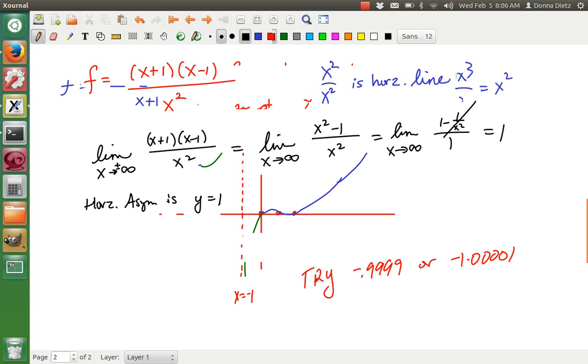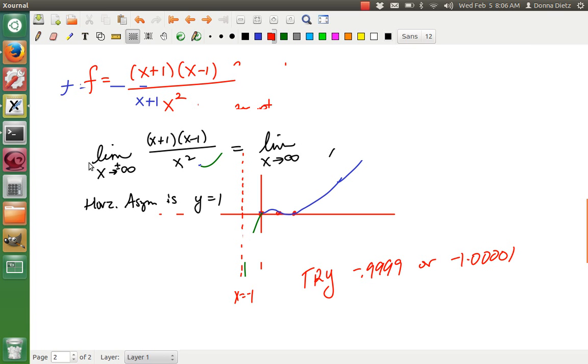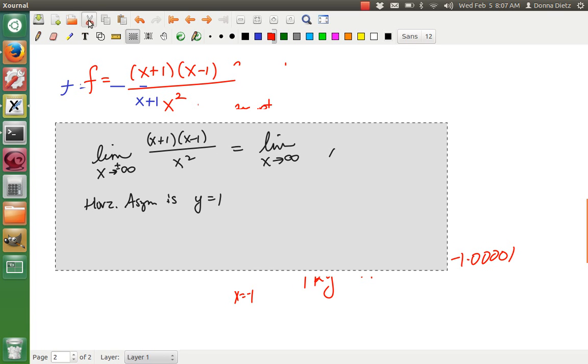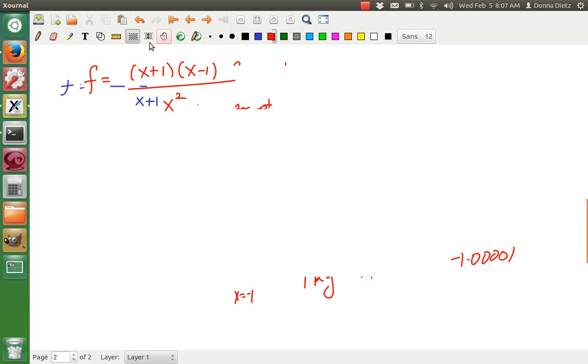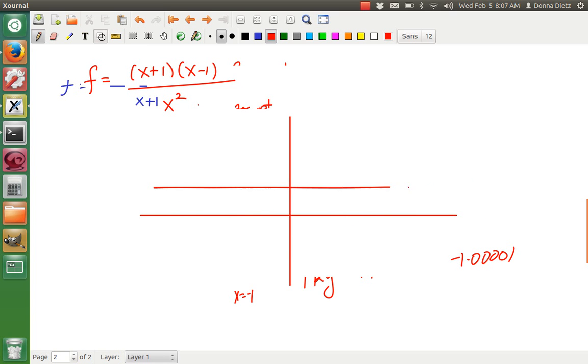Okay, I'm going to erase all this so that I have room to draw the function. Alright, so I have this function, y equals 1 is the horizontal asymptote. Okay, and that is the general behavior of this function.